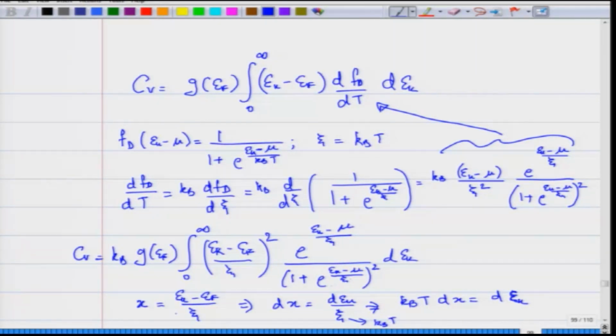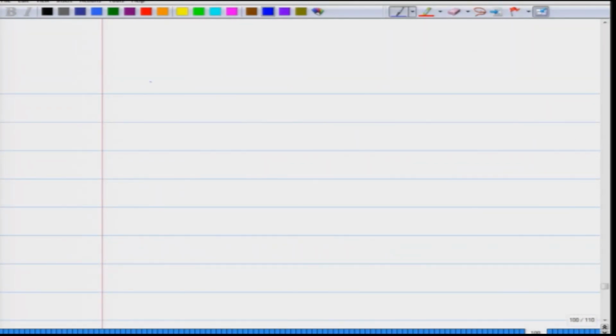Now, let us look at this expression a bit longer, and what you see is that here is the chemical potential mu. And if you recall that the chemical potential at any finite temperature T is defined by the density, by the counting, and that is the integral 0 to infinity of g(Ek) Fd(Ek minus mu) dEk.